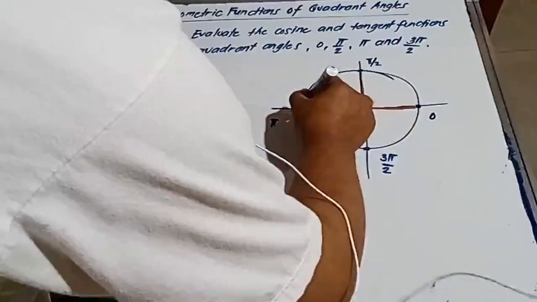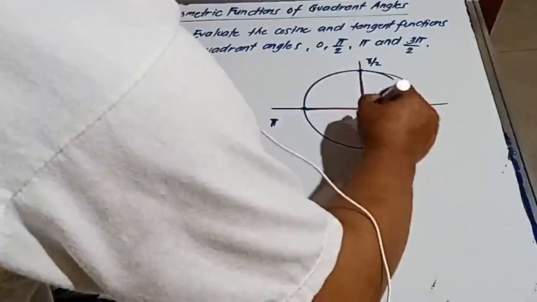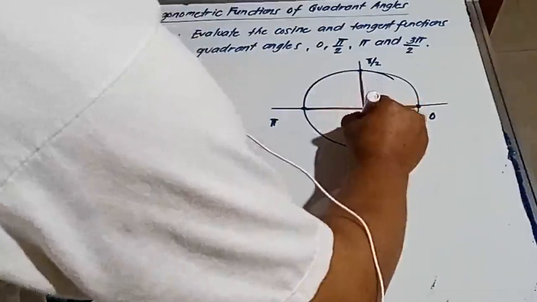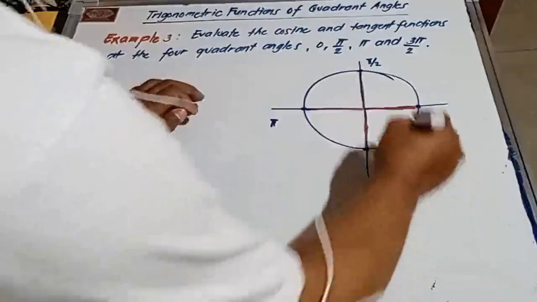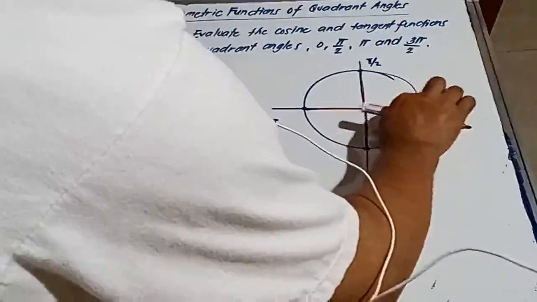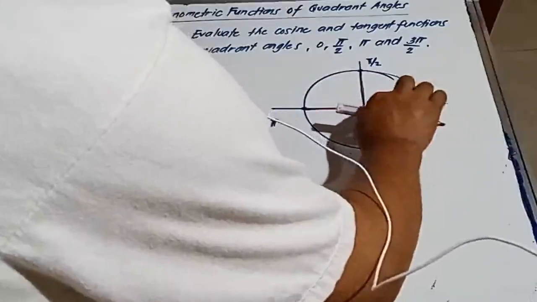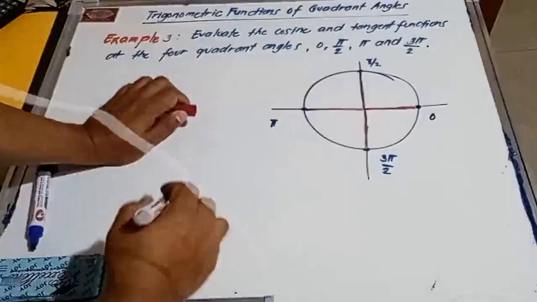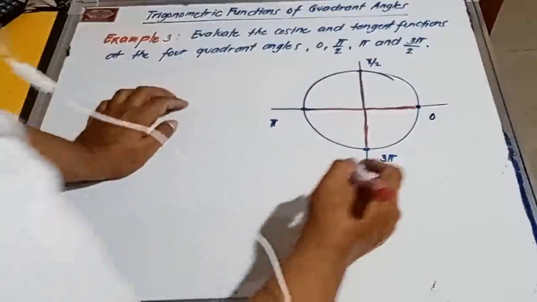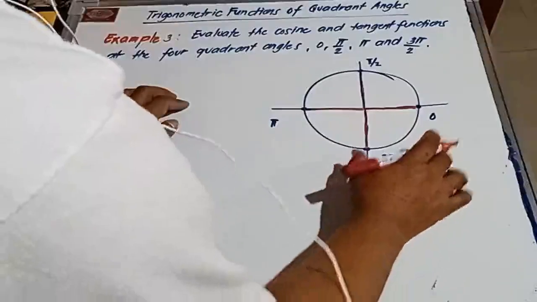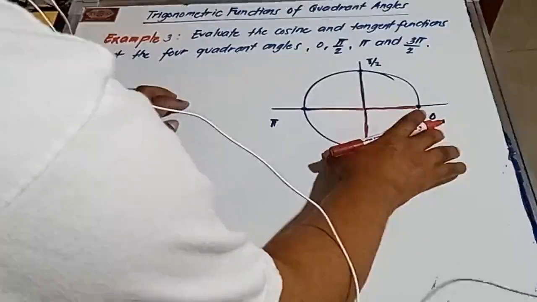Now, kunin natin yung mga coordinate ng mga point na yan na tumama dyan sa axis. Okay? Dito, kunin natin yung x and y coordinates.